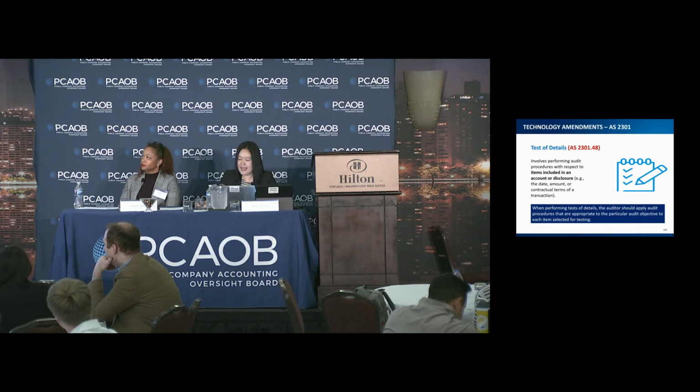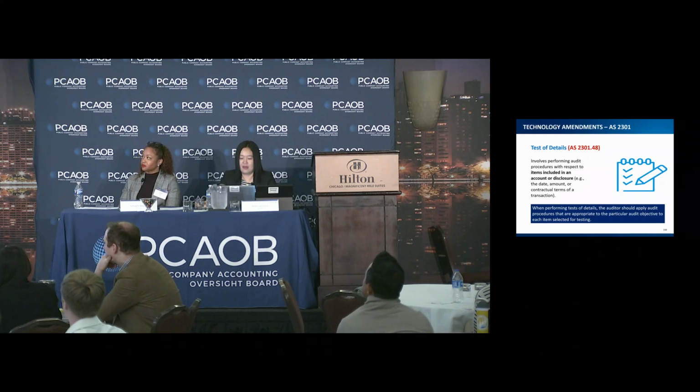In another example, a procedure could involve testing whether interest expense was recorded in accordance with the contractual terms of the company's debt agreements for each company loan in the population. These are just a few examples. It's worth noting that the PCAOB standards do not define the term items included in an account or disclosure, given the wide range of accounts and disclosures that may be subject to tests of details.